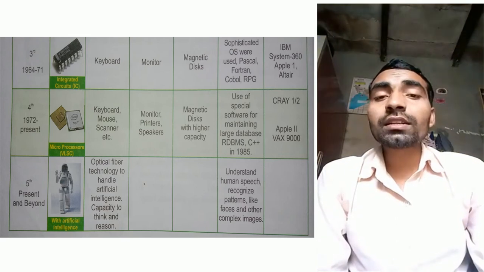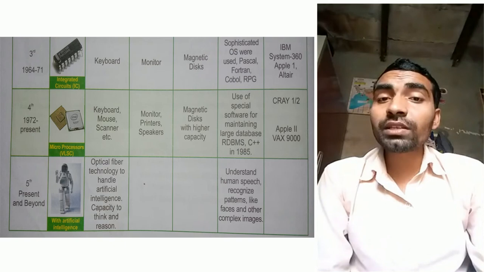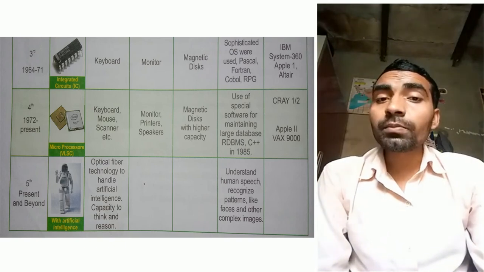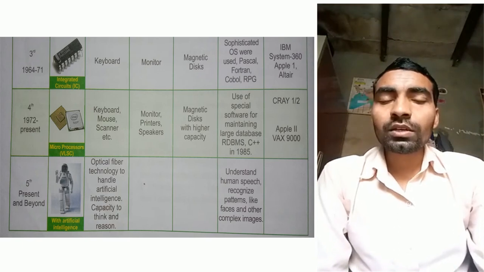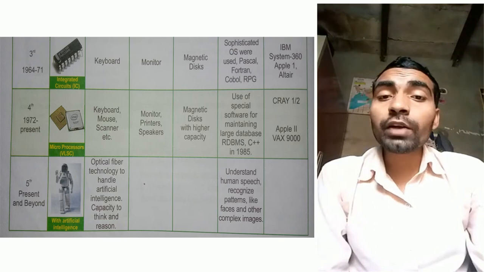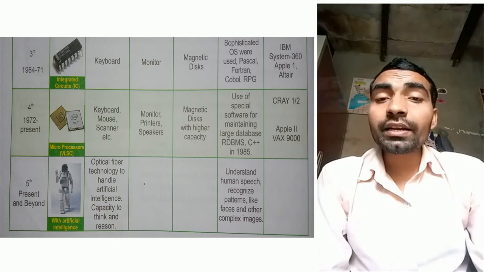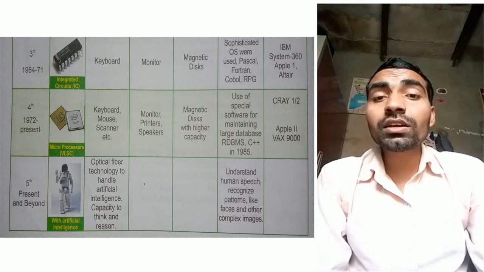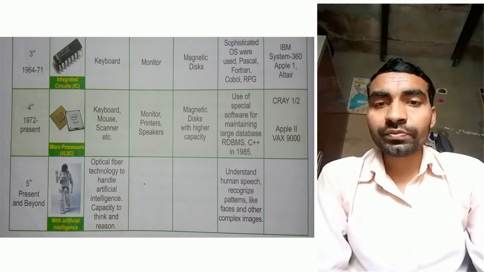In this generation, thousands of ICs were fixed on a silicon chip, which was known as microprocessor. In other words, the microprocessor came into existence, and it increased the efficiency and the simplicity to use the computer.